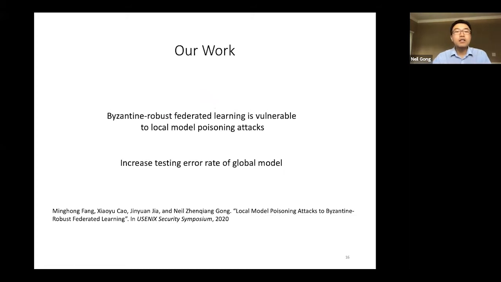Recall that these methods can have nice theoretical guarantees based on some assumptions. However, they are still vulnerable to our attacks because those assumptions often do not hold. And even if those assumptions do hold, they cannot bound the change of the testing error rate caused by our attacks, because they can only bound the change of the global model parameters.